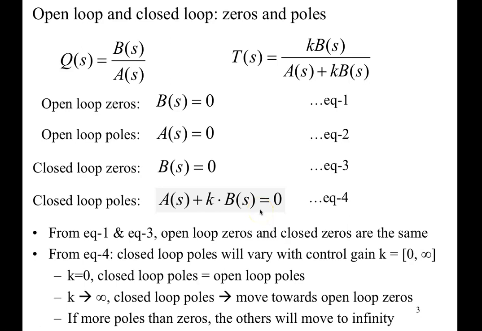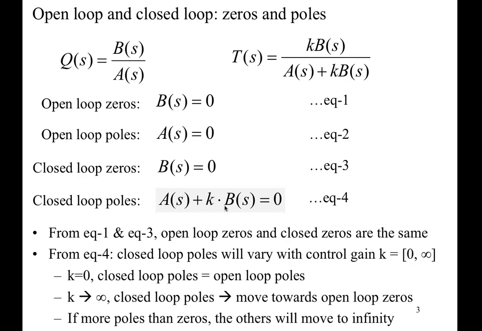If I increase K to another value, then I need to solve that equation again, and it will give me different values for the closed loop pole. So you can see here, the closed loop poles are very much dependent on the K value we choose.